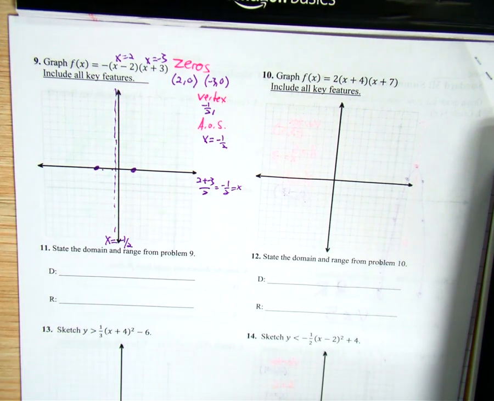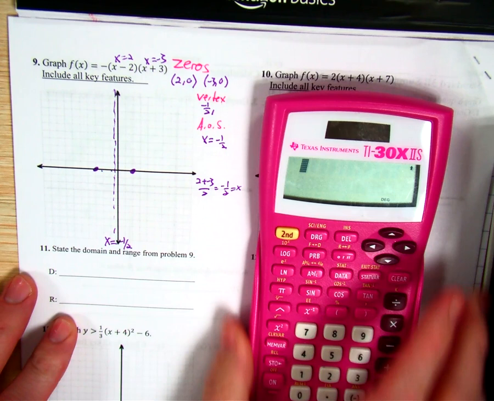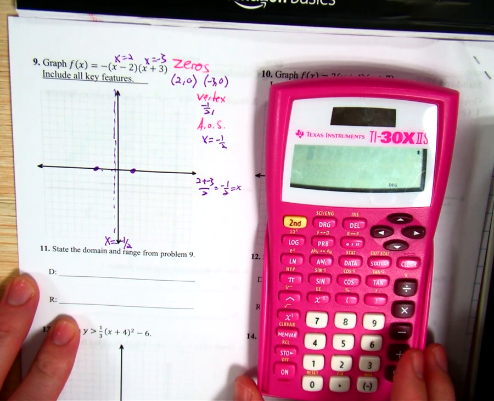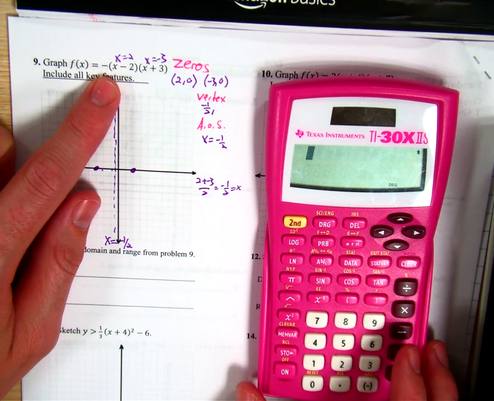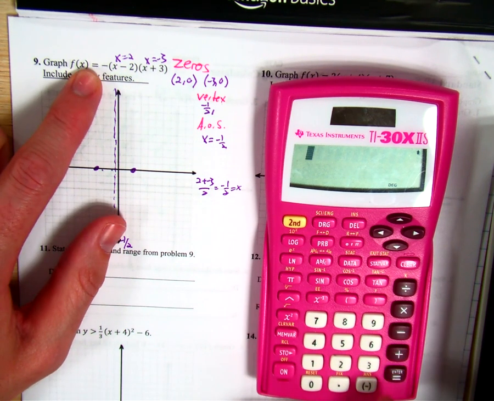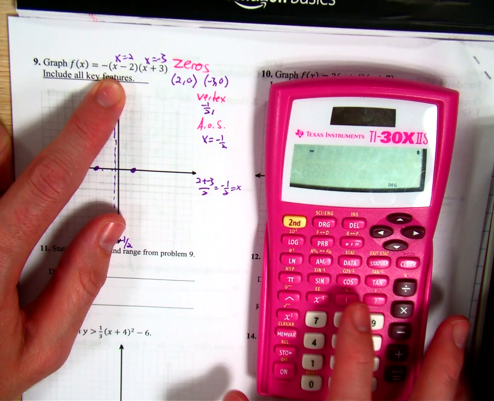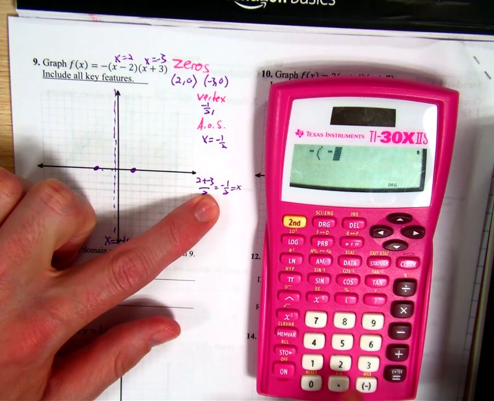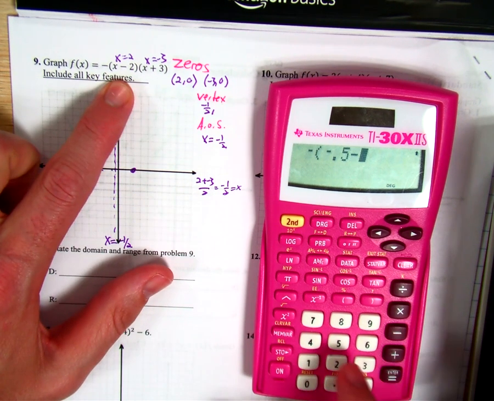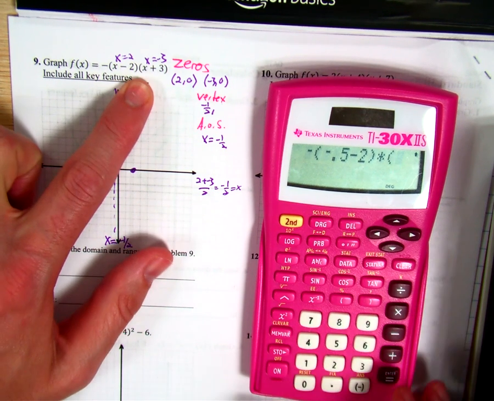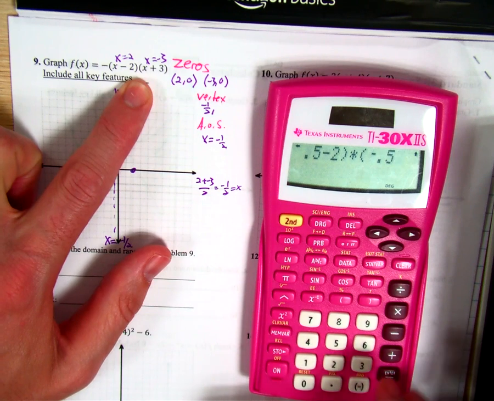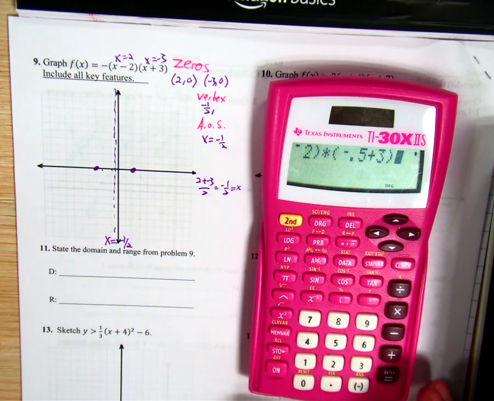Okay, now this is a no calculator test, or no graphing calculator test, because it's a graphing test. So you're going to need a scientific calculator. This would be the one spot so far I think that you'd maybe need it. Okay, negative, parentheses, -1/2, -2, close parentheses, times, open parentheses, -0.5, plus 3, close parentheses.